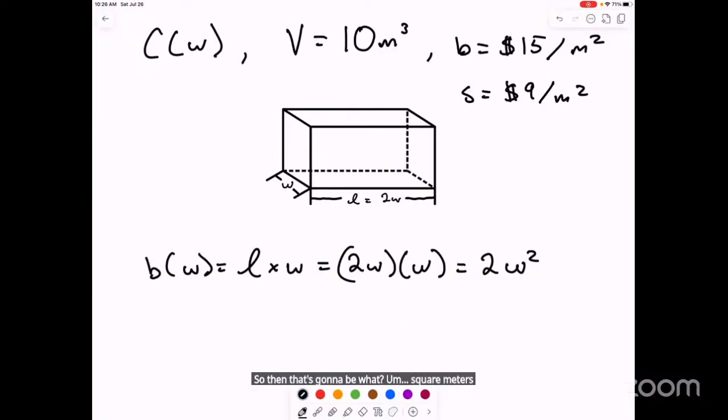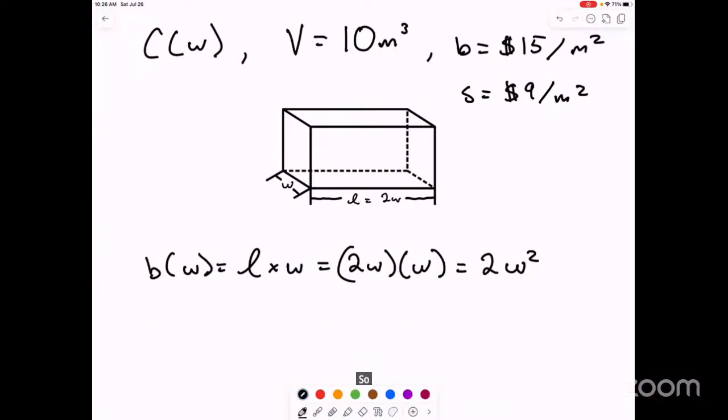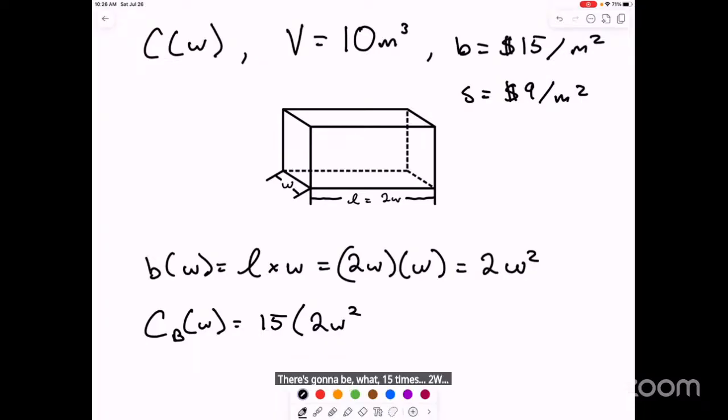So if that's the base, we're going to say that times 15. So then the cost of the base in terms of W is going to be 15 times 2W squared.